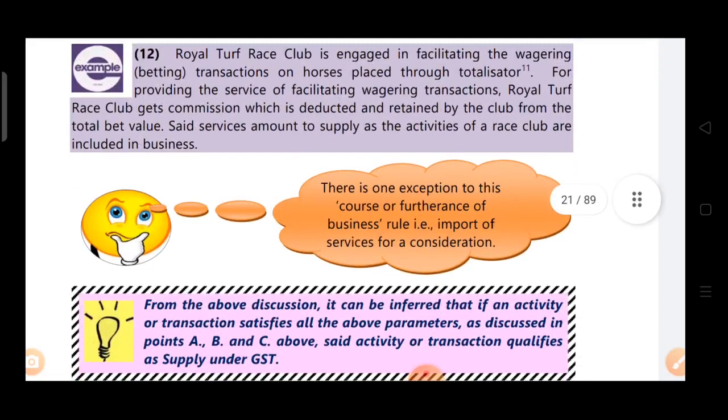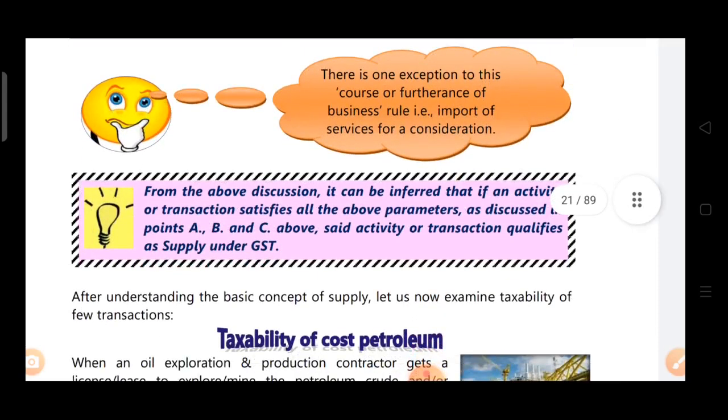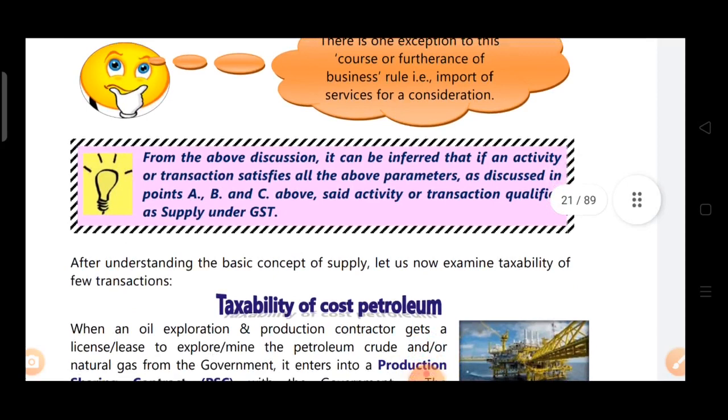Now there is one exception to this course or furtherance of business rule, that is import of service for a consideration. We have already discussed it earlier. From the above discussion, it can be inferred that if an activity or transaction satisfies all the above parameters as discussed in points A, B and C above, the said activity or transaction qualifies as supply under GST. All the three parameters: the supply should be of goods or services, supply should be made for consideration, and it should be in the course or furtherance of business.